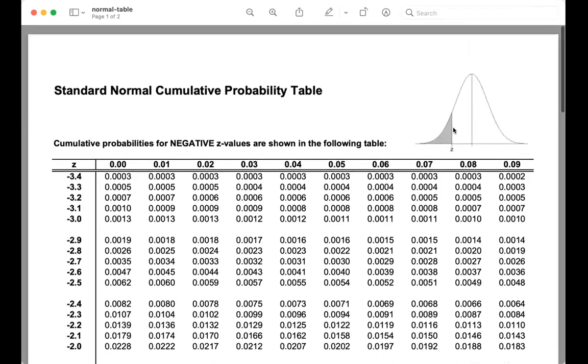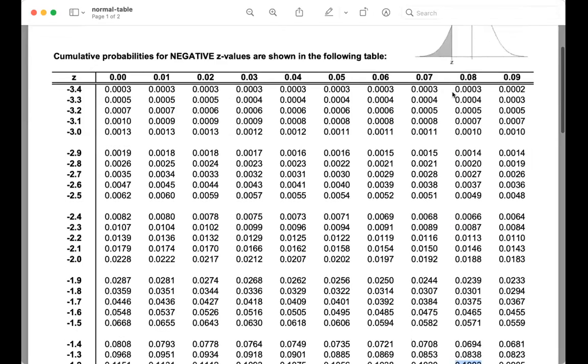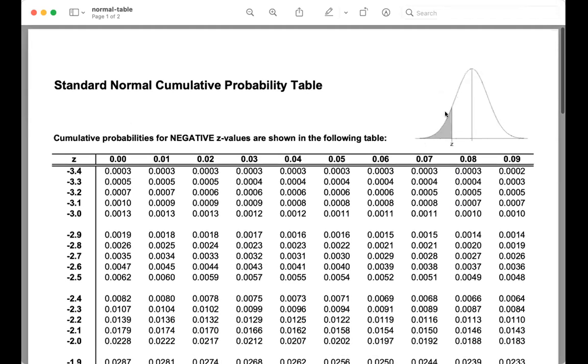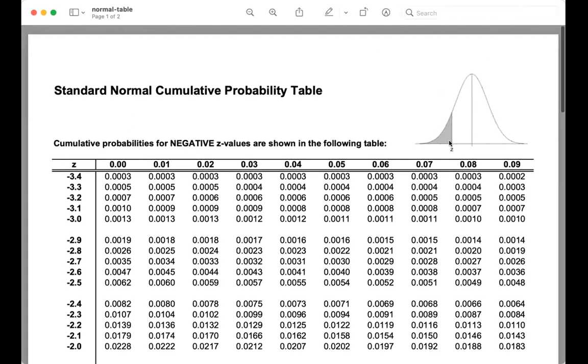As you see in this table, we just want this little part here in the table. Due to symmetry, it gives us the value exactly, this z.